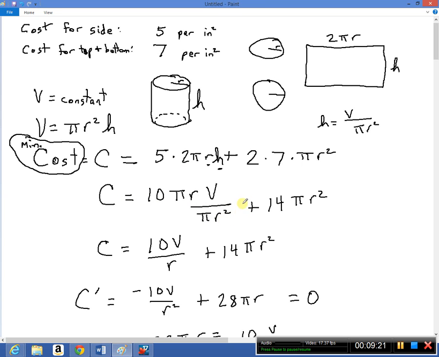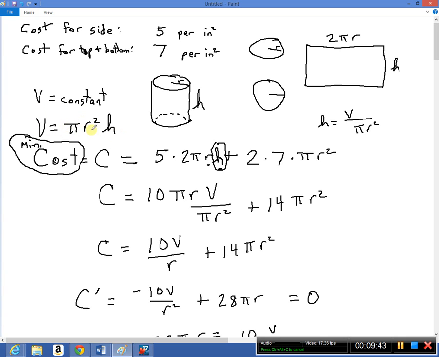Get that as a function of one variable by eliminating, in this case eliminating the h, so that it's all down to r. And you look for a way to eliminate variables by looking for another equation, another relationship among the variables. And in this case, that relationship comes from having a fixed or constant or a determined volume.